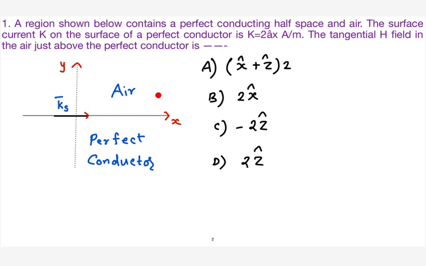This is very tricky in magnetostatics. The thing is, if you are not 100% confident, the answer is definitely going to be wrong. And at the same time, if you are overconfident also, your answer is 100% wrong. It actually tests whether your concepts are clear or not.